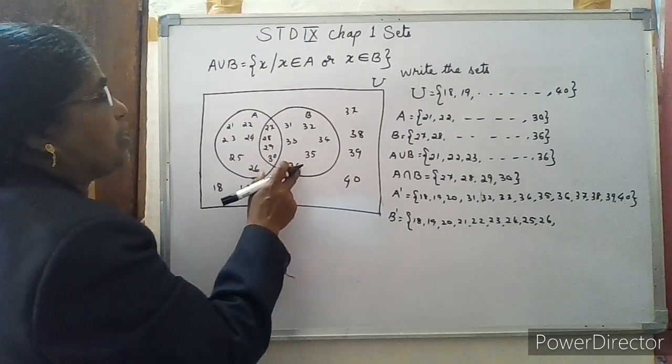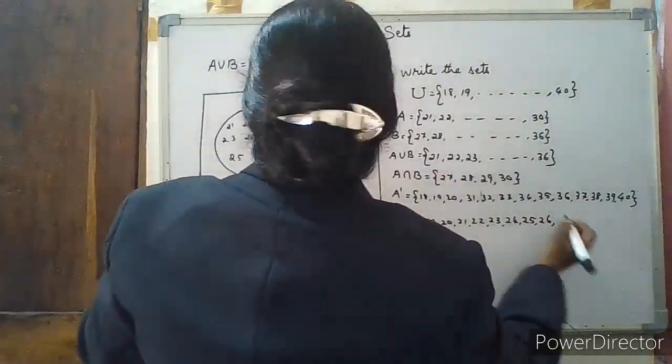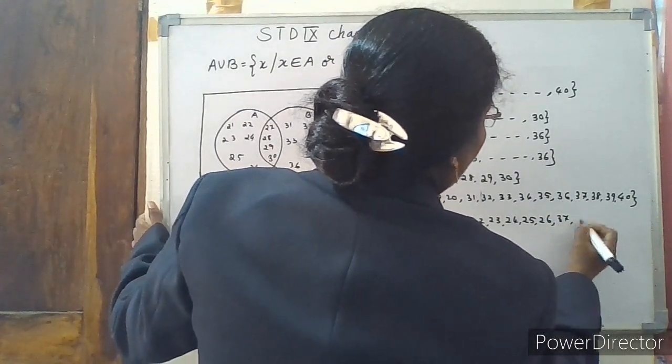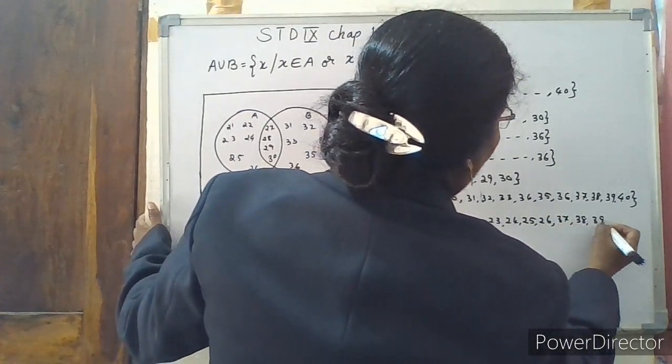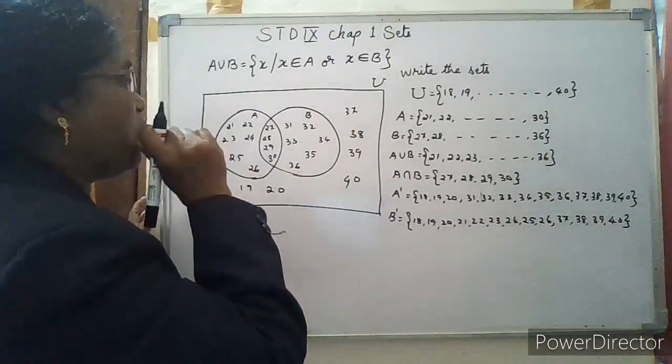Then 27 to 36 is in set B. After 26 you have to write 37, 38, 39, then 40. This is complement of B.